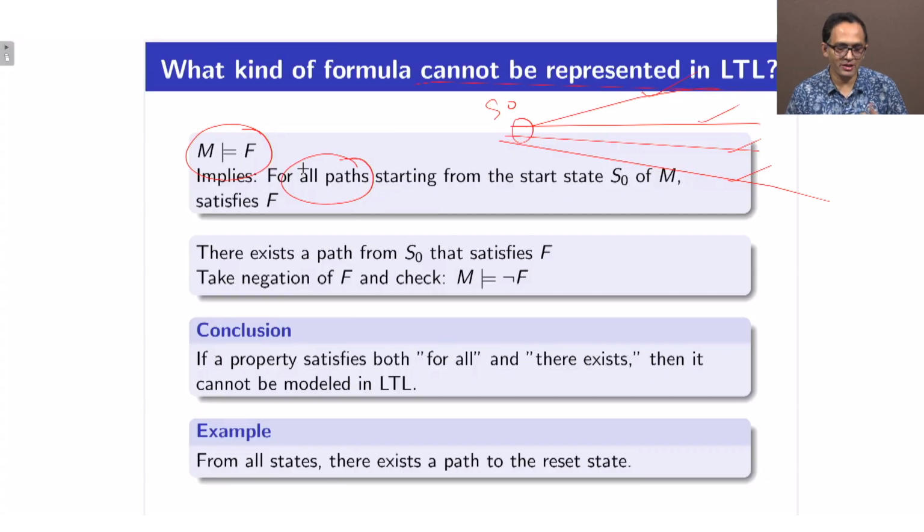Now, if I try to identify a formula where I have to check in some path, that there exists some path in which something happens, can I represent that in LTL?